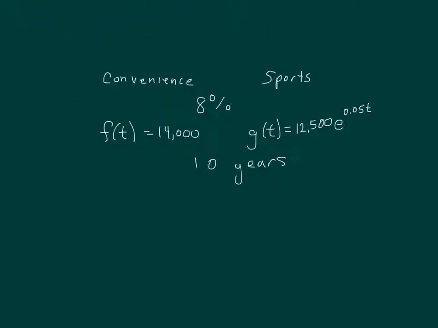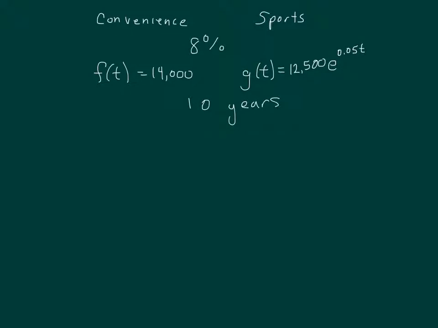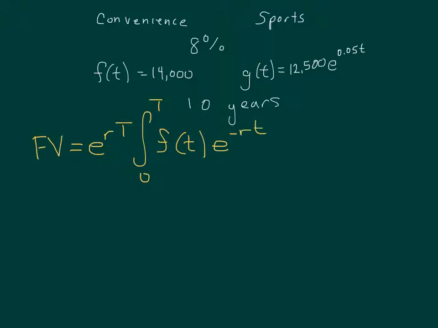So both of these are going to use this continuous income stream formula. We find that the future value equals e to the RT, times the integral from 0 to T, f of t, e raised to the negative RT dt.